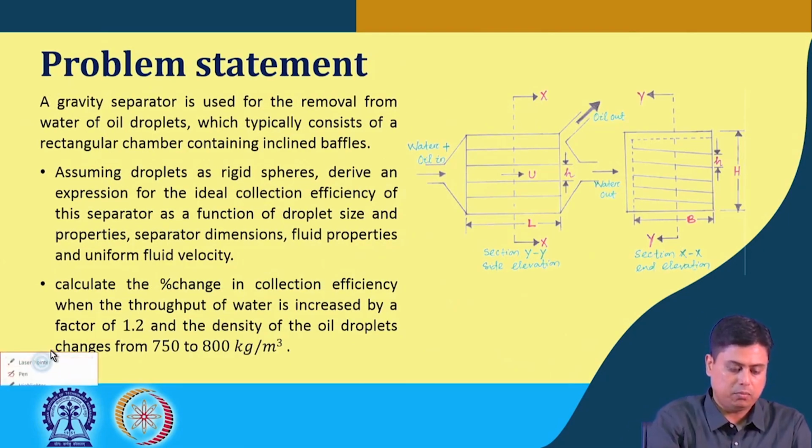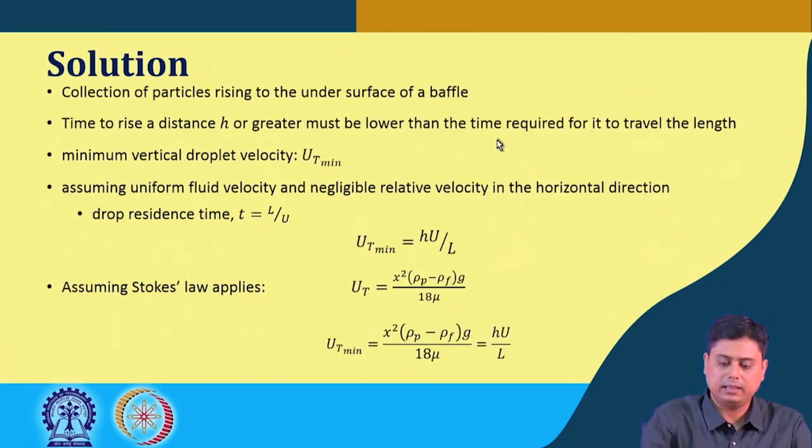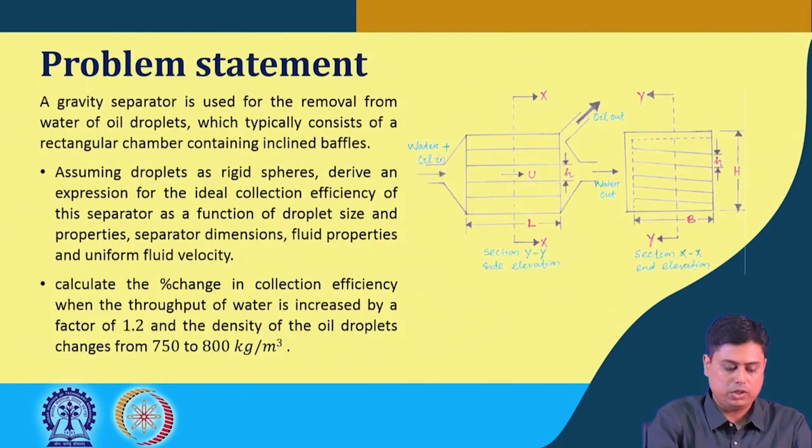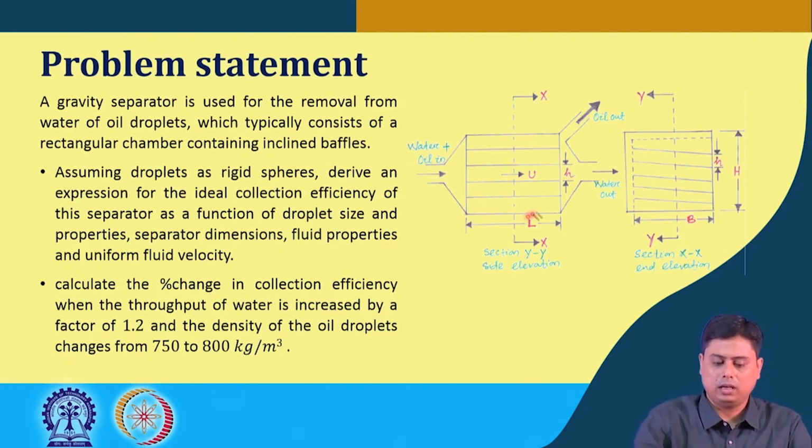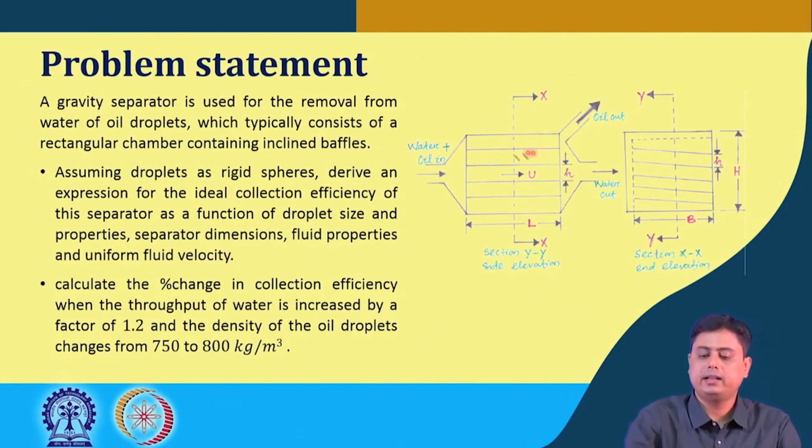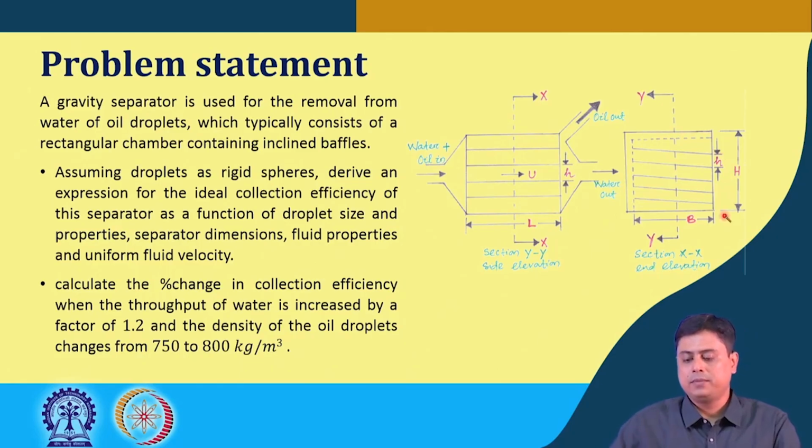So inclined plates are there. This is your rectangular chamber, and inside that there are baffles. This is a side elevation view and this is a cross sectional view at the exit.